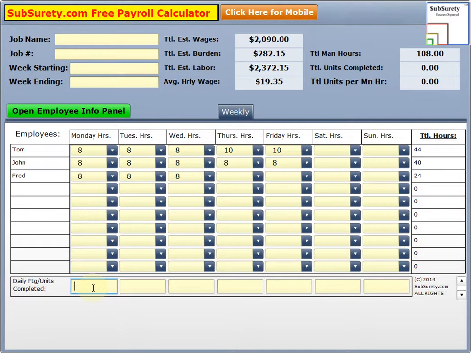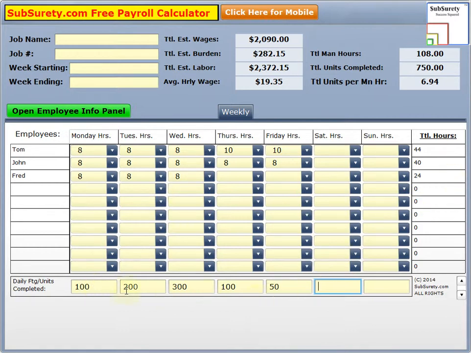So, for instance, let's say that the first day our guys completed 100 square feet. They did 200 square feet. The next day we were able to get 300 square feet. And then the helpers, now they're just finishing up, so they're back down, and that's what they accomplished.